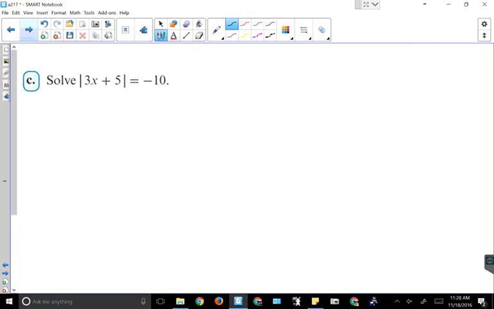So, first offhand, what do I got to do? The absolute value of some number has got to be equal to negative 10, correct? The absolute value of another number has got to be equal to negative 10. How does this work? What do I have to do?